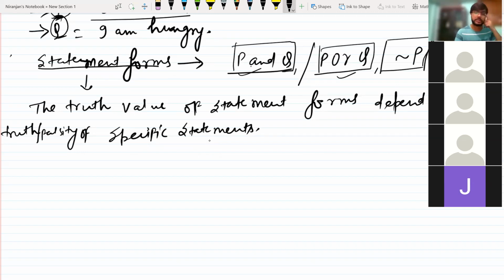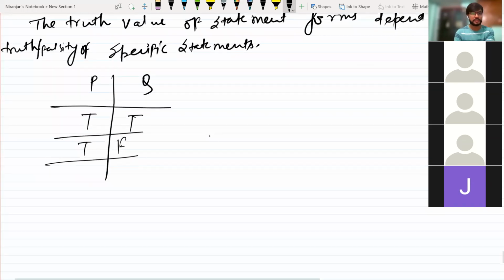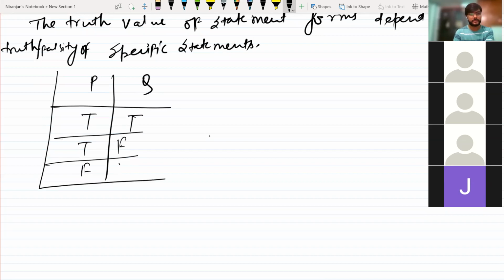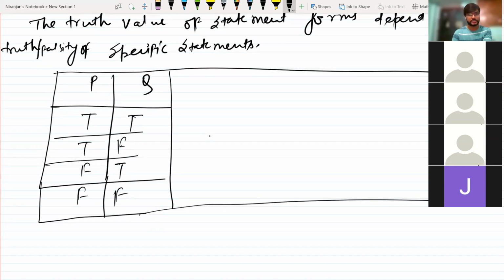Okay, so let's start with the truth table. This is P and this is Q, and you write T and T, then T and F. I'm sure you have done it before. Then F and T, F and F. And I'm going to write all the operations that I have mentioned above.